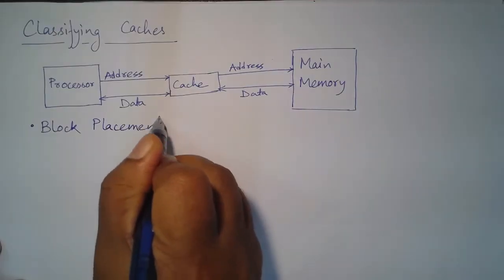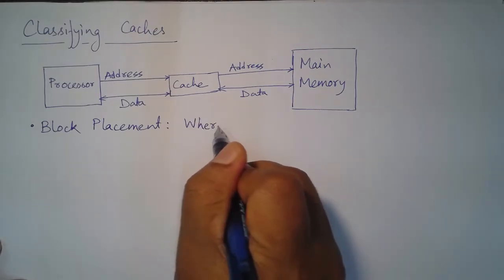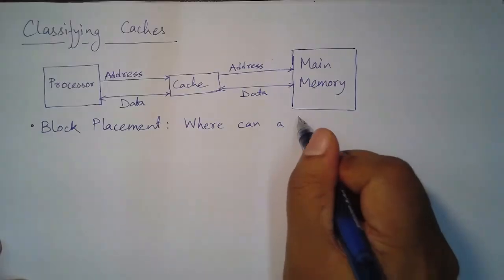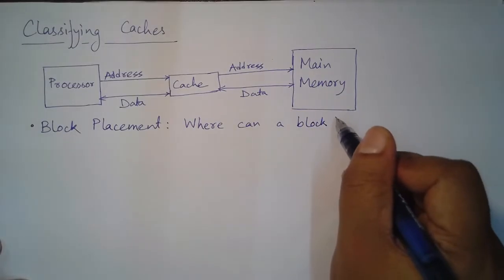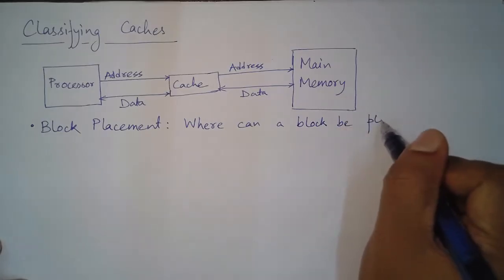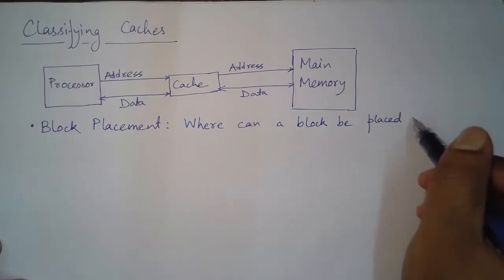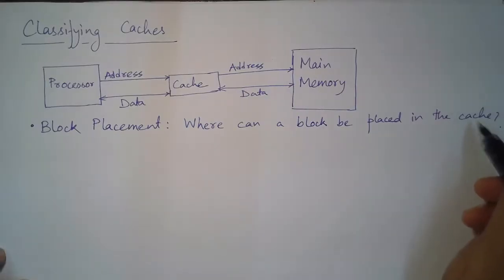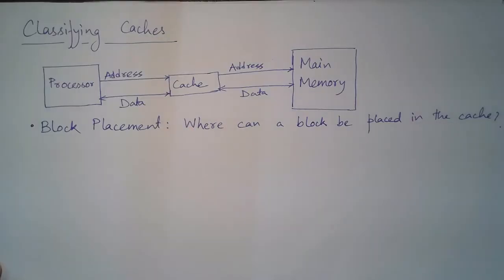By block placement, what we mean is, where can a block be placed in the cache. While you try to answer this question, based on that you can have different classifications of caches.